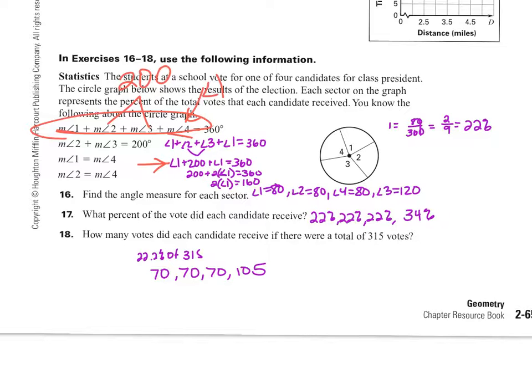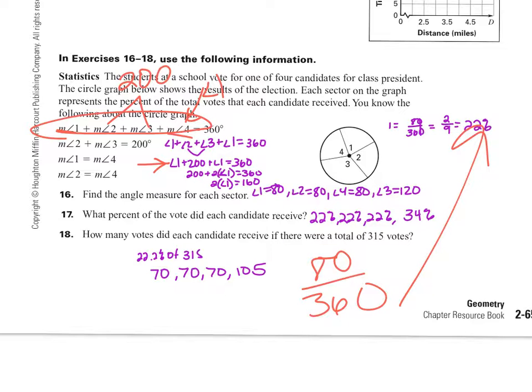For the percent, you would say what percent is 80 over 360, which is up here. If you divide that in the calculator, you get 22.2 repeated. Same would be true for angle 1, 2, and 4, which leaves 34% left over for the last angle, angle 3. And then how many votes?